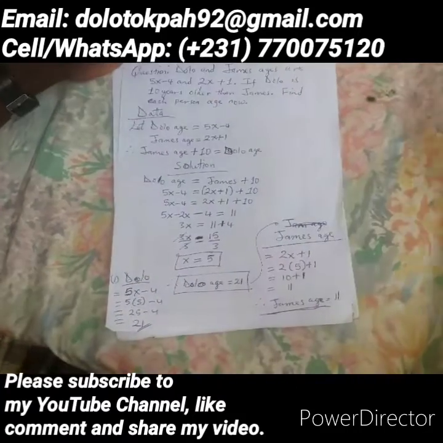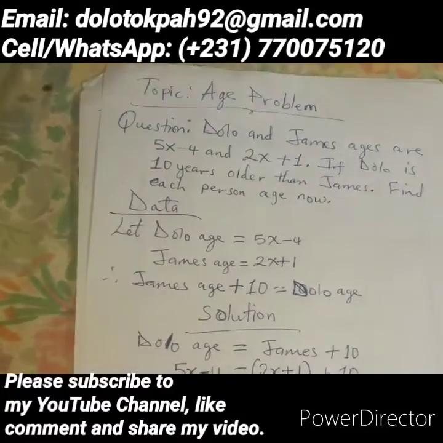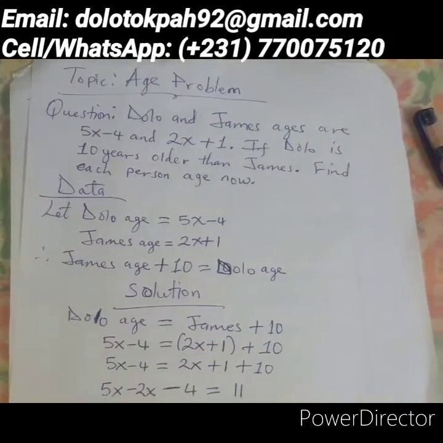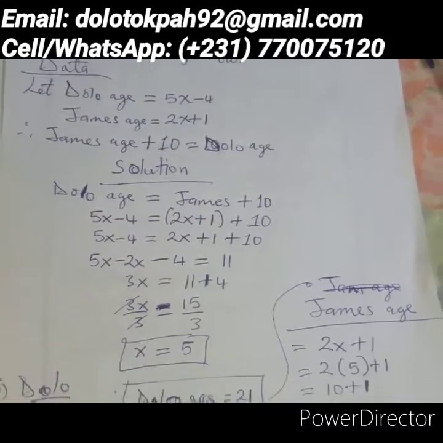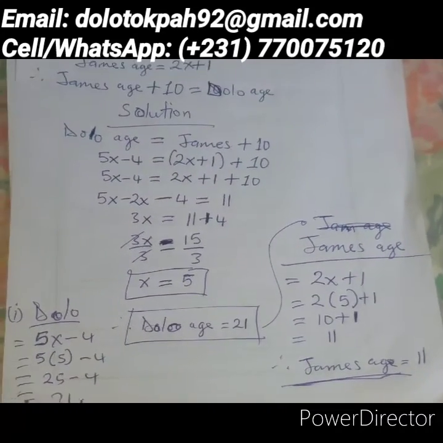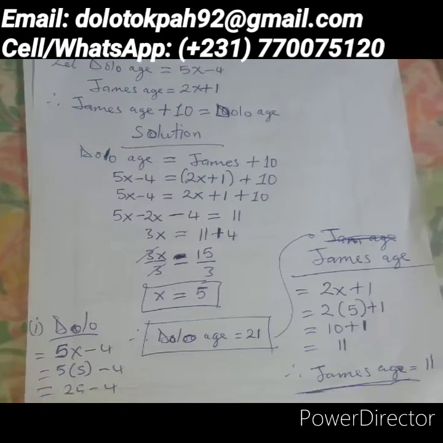That means Dolo is 10 years older than James. So this is the problem. I think you are done with this problem already. You can carefully look at the problem, and you can use this method whenever you are given any condition of such, and it will be pretty easy to complete your solution set and get your answer.